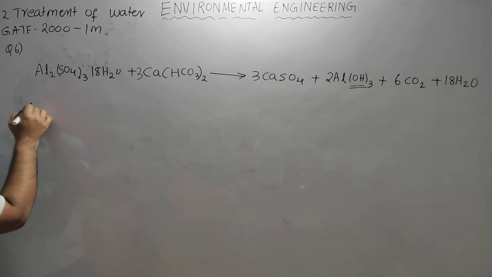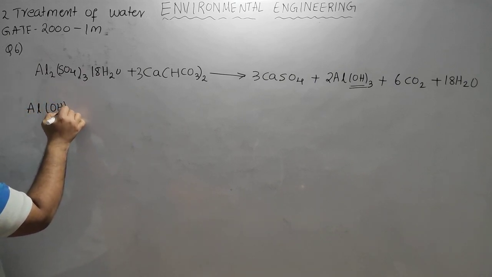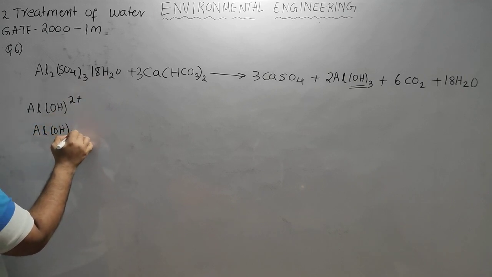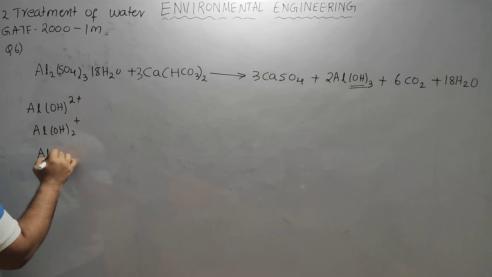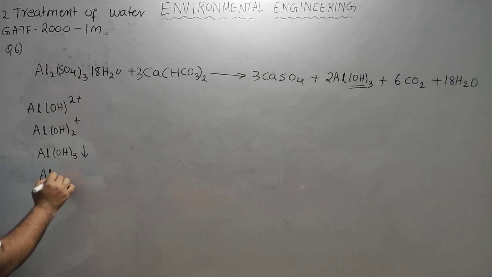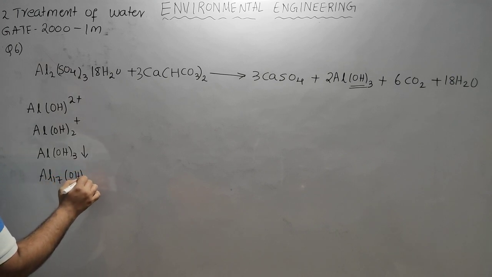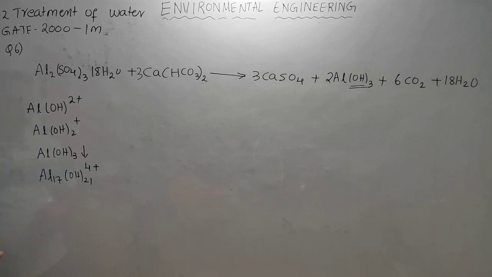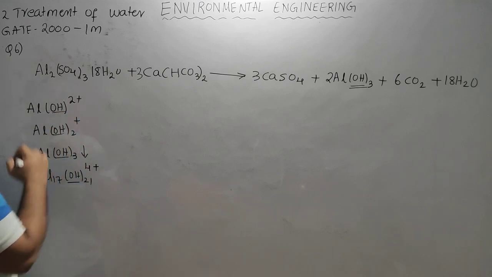Okay, here if you see this compound, I already told you, when you add alum, this alum will form different components such as Al(OH)2+, Al(OH)2 twice plus, and Al(OH)3, which is the floc, and Al17(OH)21 4 plus, and some compounds like that. So everywhere it needs OH in it.